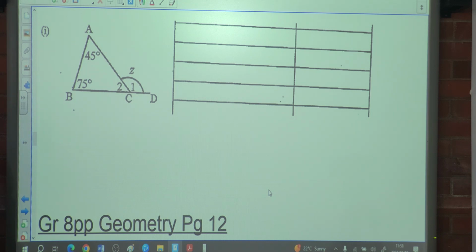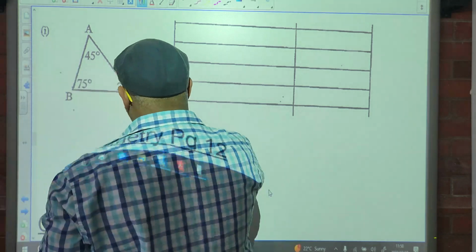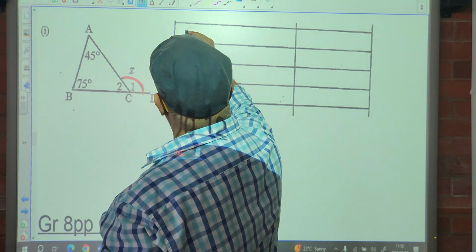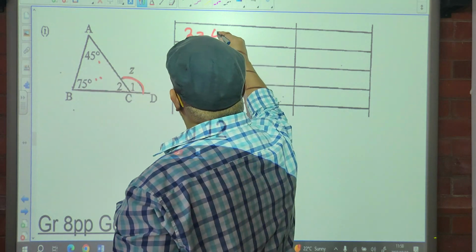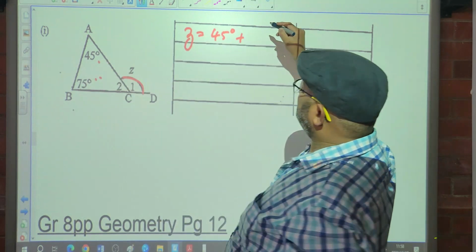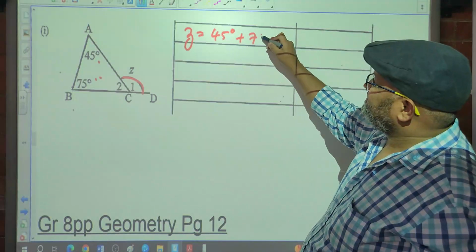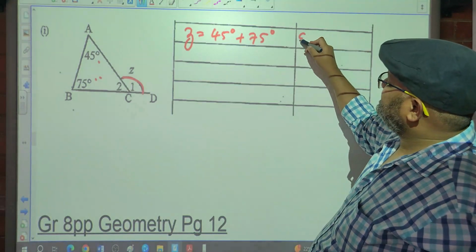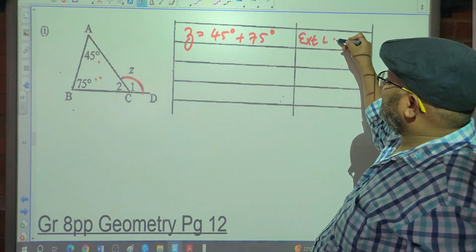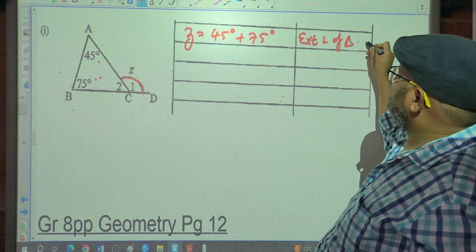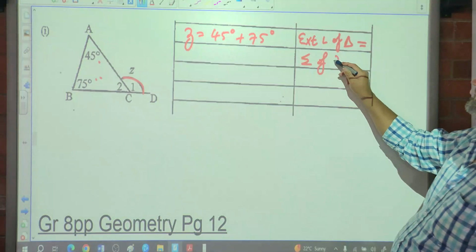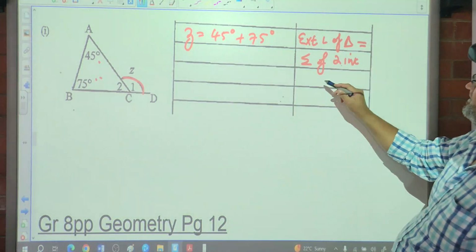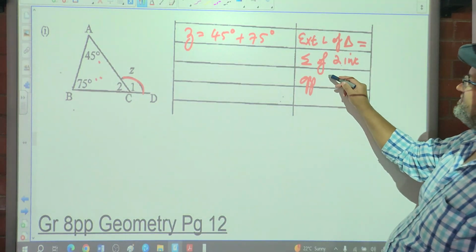Again, this is one of those cases, not so? So we can say the exterior angle, which is z, is equal to 45 degrees plus 75 degrees. Why? Exterior angle of triangle is equal to the sum of the two interior opposite angles.